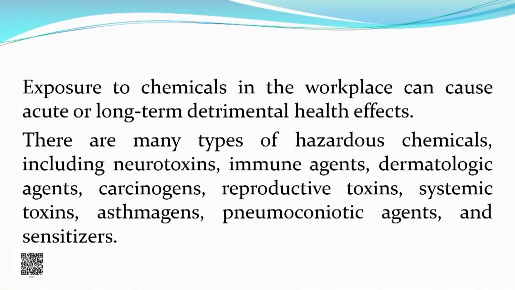Exposure to chemicals in the workplace can cause acute or long-term detrimental health effects, and there are many types of hazardous chemicals including neurotoxins, immunogens, dermatologic agents, carcinogens, reproductive toxins, systemic toxins, asthmagens, pneumotoxic agents, and sensitizers.